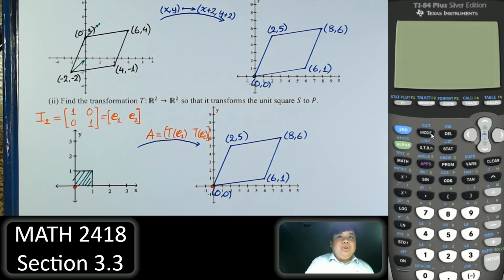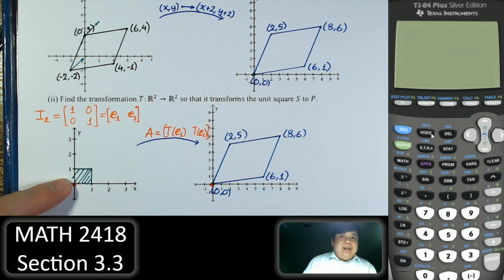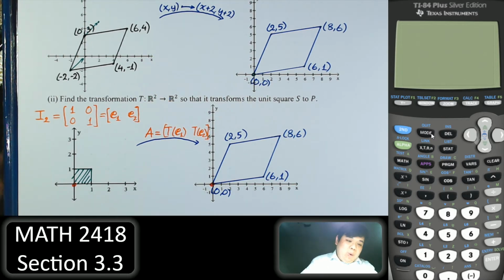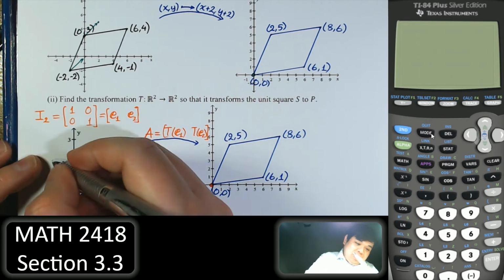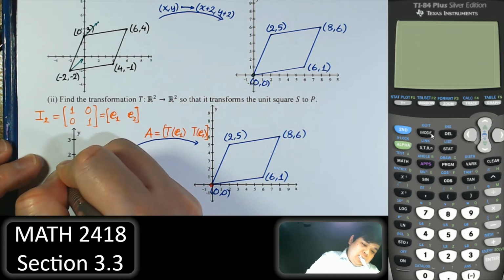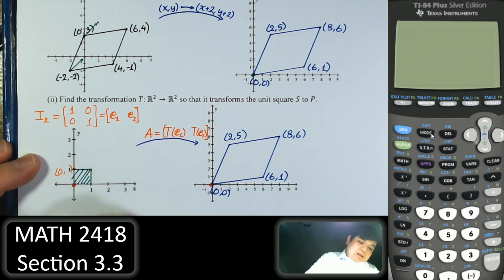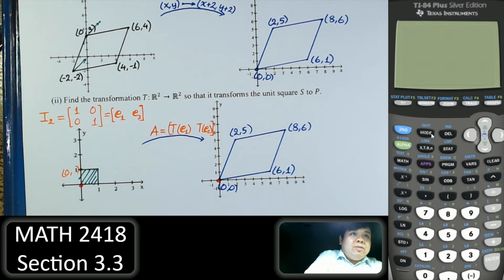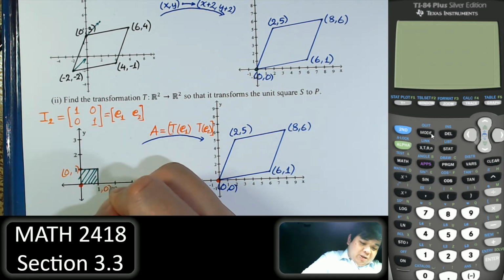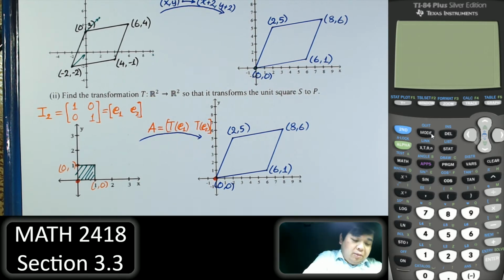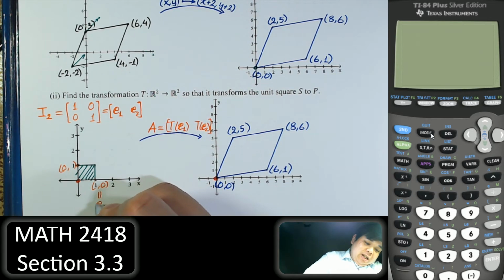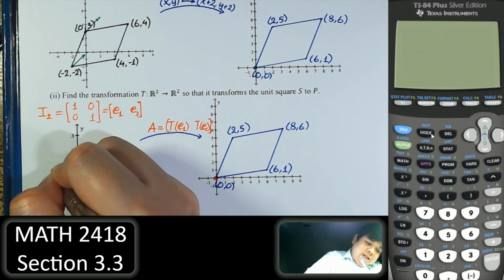That's why we need the unit square. What is the coordinate of this point? Zero and 1. And this one is 1 and 0. So essentially this is E1 and this is E2.